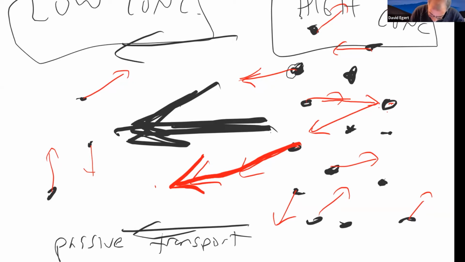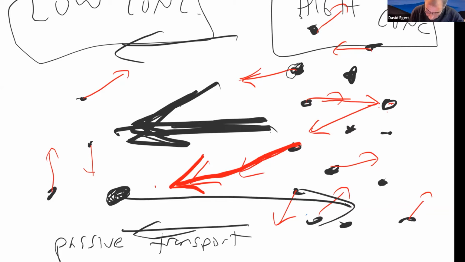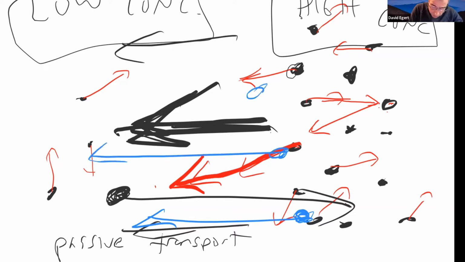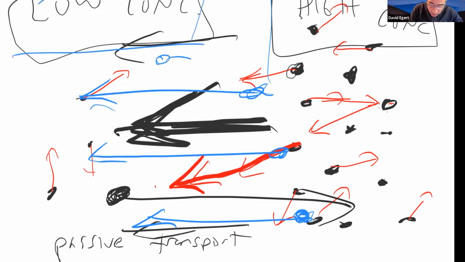There's going to be things moving from one side to this side, and other ones moving from this side to this side. If I say there's net movement from high concentration to low concentration, when I do the final balance, more particles ended up moving from high to low than moved from low to high. Okay, thank you.